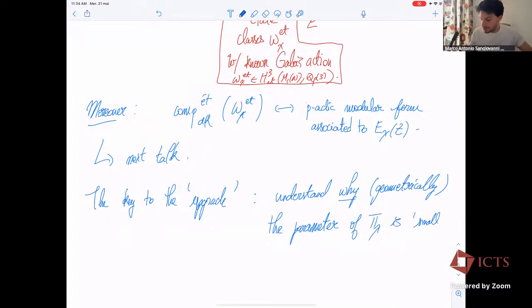So it's degenerate. This is small, in this case, because it's induced.